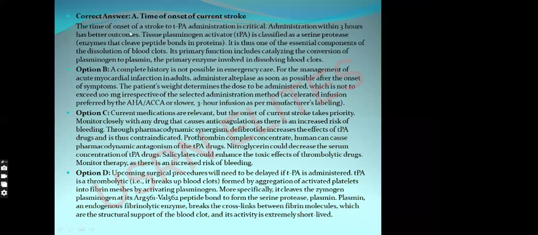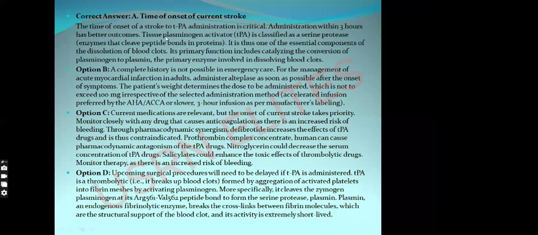It says the time of onset of a stroke to TPA administration is critical. Administering within 3 hours has a better outcome. I told you that when we were talking about it: when you administer it within the first 3 hours, you are likely to have an improved outcome than at 4 hours. So the more you delay, the lesser your improvement.